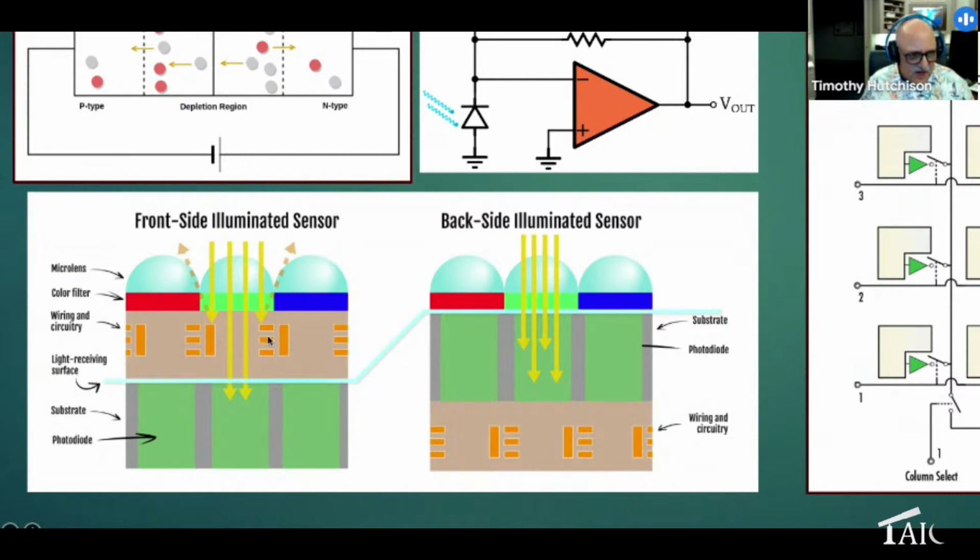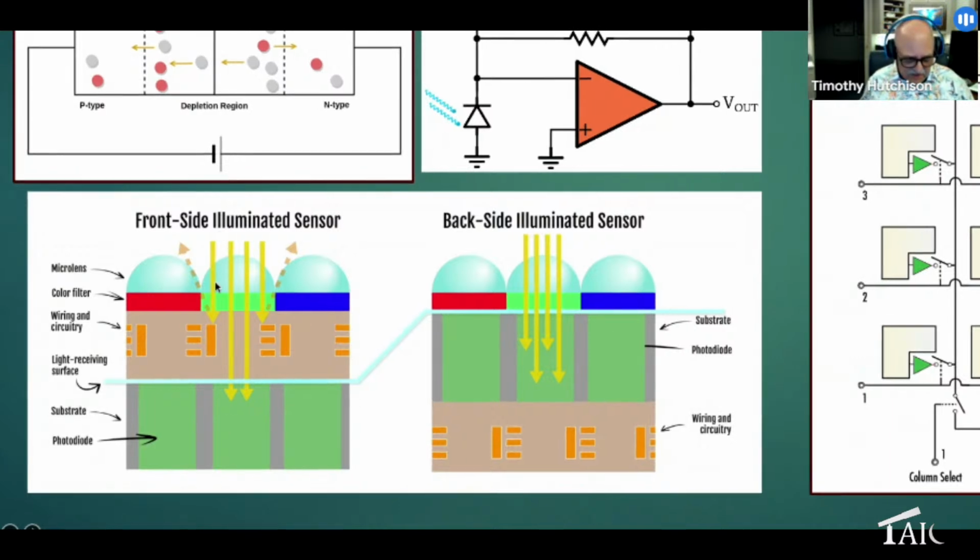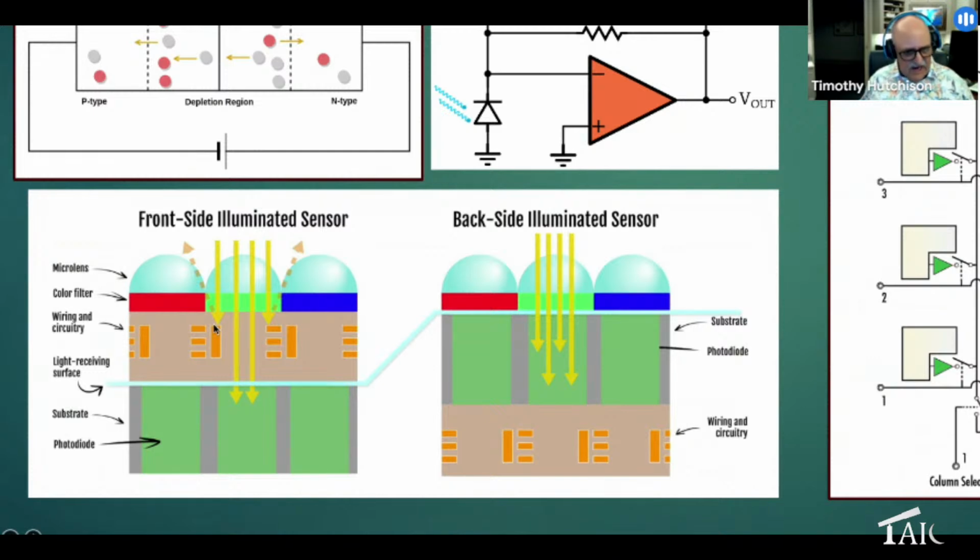This is the difference between a front side illuminated sensor and a backside illuminated sensor. It used to be that this wiring and circuitry, or all these little amplifiers and stuff that we just talked about, it used to live between the micro lens and the photodiode. And the problem with that is that some photons would come through and ping off of the metal and all the stuff that's in this wiring and circuitry layer and bounce out, and they'd never touch the photodiode, right?